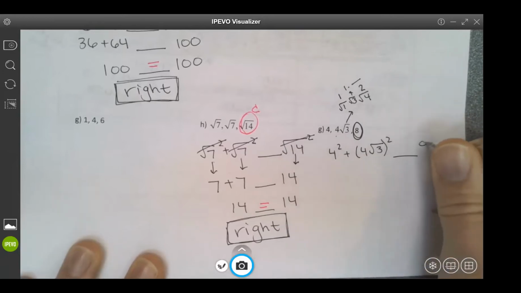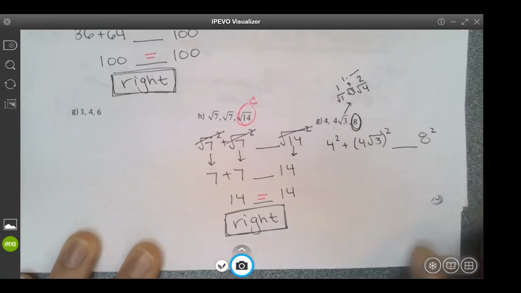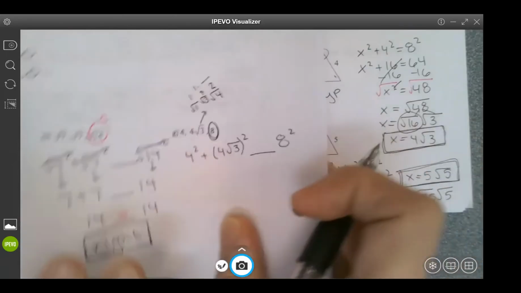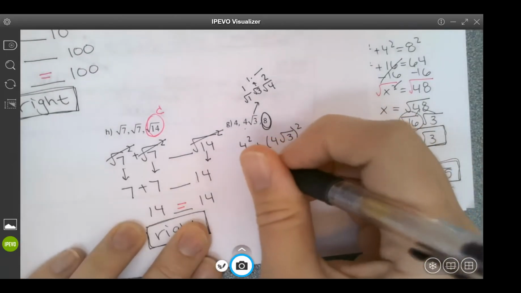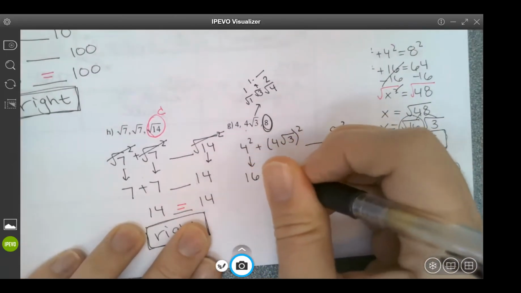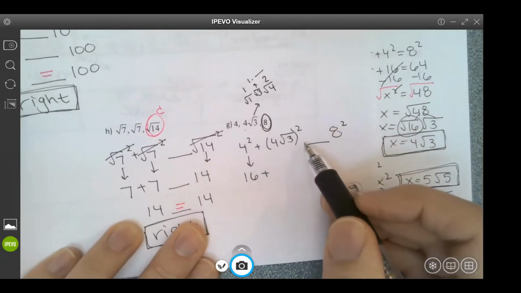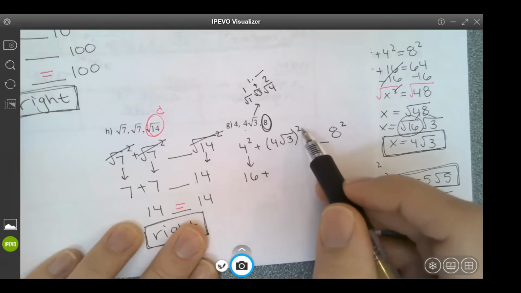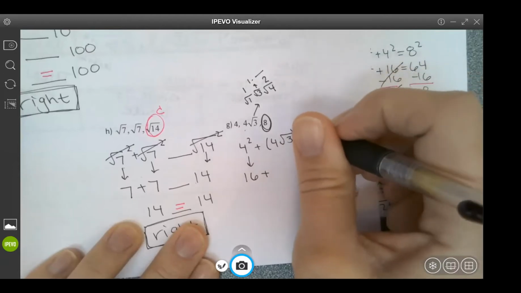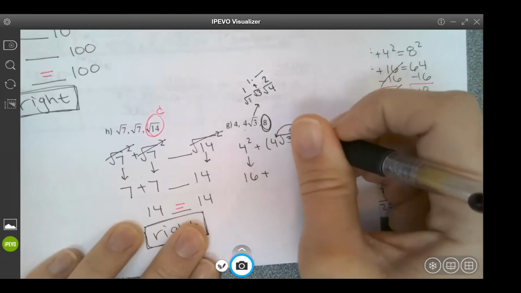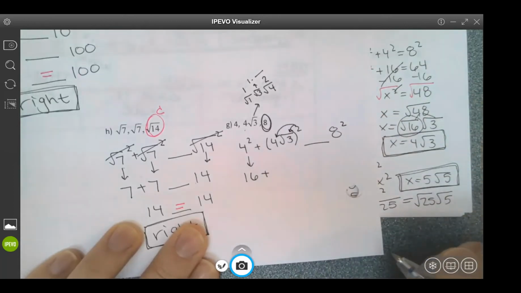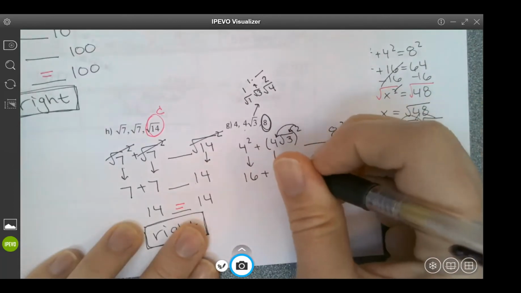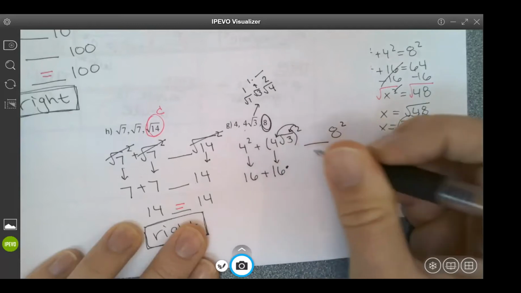How does that compare to my largest side squared? So I have 4 squared, which is 16. Now, going back to some radical review: when I have 4 rad 3 squared, I need to square the 4 and I need to square the rad 3. Squaring the 4 gives me 16.